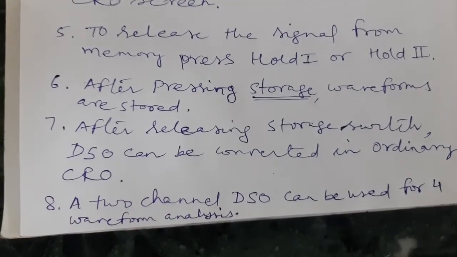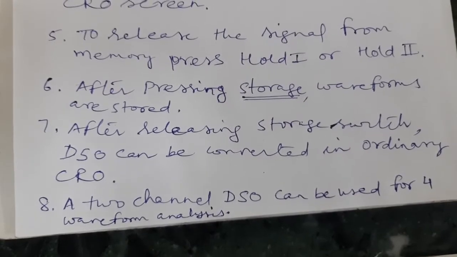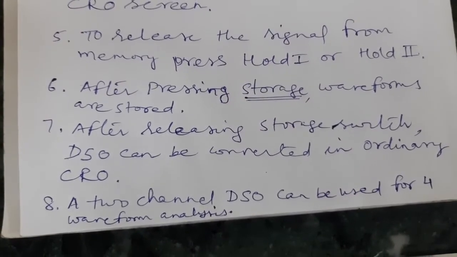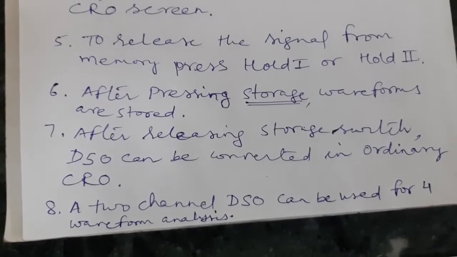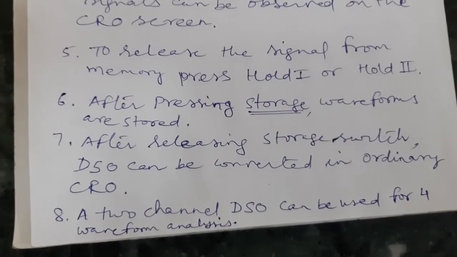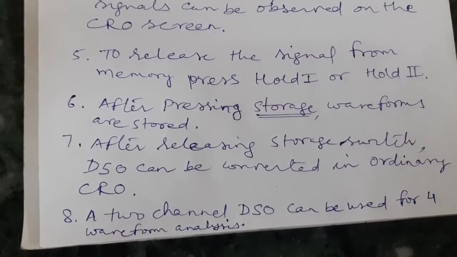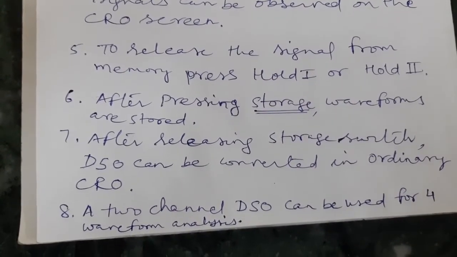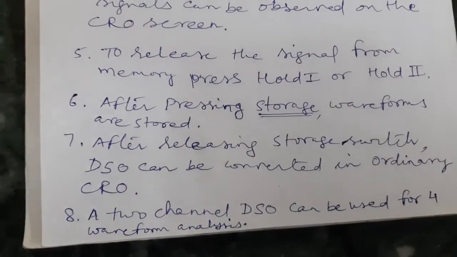When you want to observe the two signals, you have to use the dual switch, right? So a 2-channel DSO can be converted for the observation or analysis of 4 waveforms. That means the 2 signals can be stored using hold 1 and hold 2, and after releasing the storage switch, we can use our DSO in ordinary CRO mode.